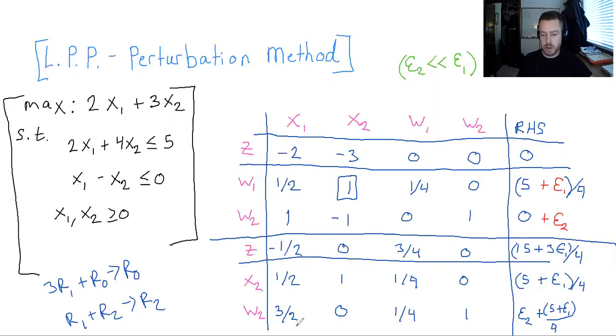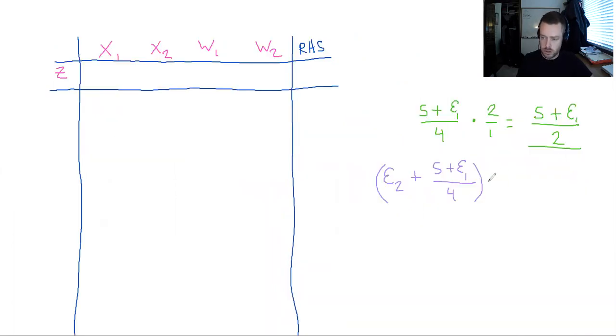Because we're going to be dividing by 3/2, which is just multiplying by 2/3. That's going to equal 2 epsilon 2 divided by 3 plus, it's going to be 5 plus epsilon 1 over 6.